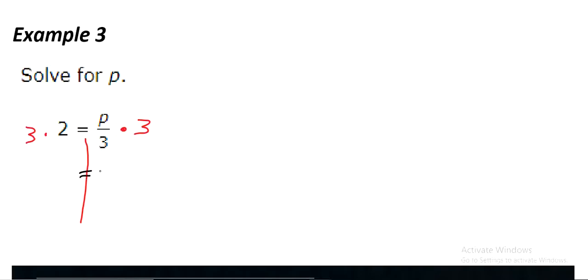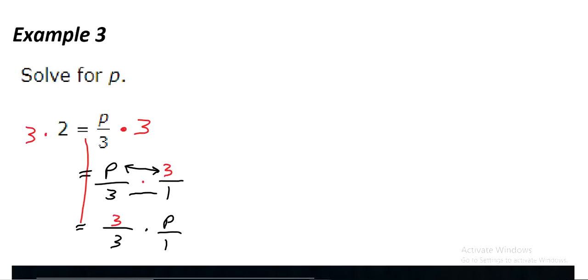So, again, let me break this down to show you what happens. So we have p over 3 times 3. I can make anything a fraction by putting it over 1. I can actually rewrite this as 3 over 3 times p over 1, because remember, when we're multiplying fractions, you do the top times the top, bottom times the bottom.